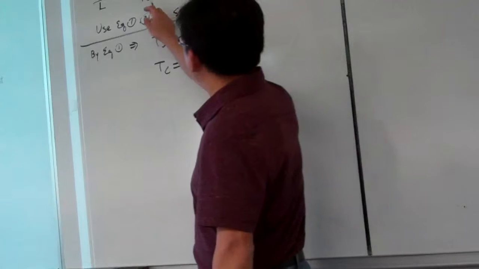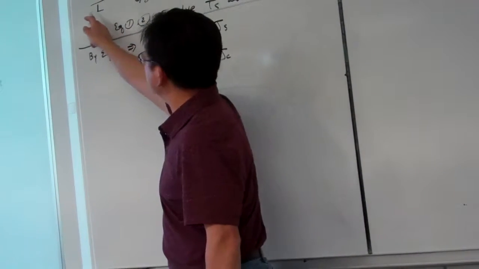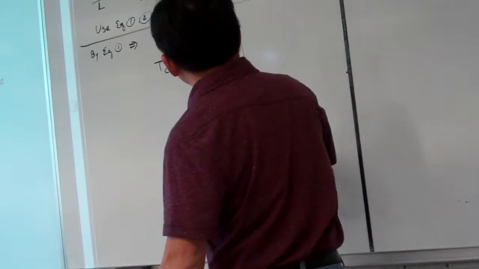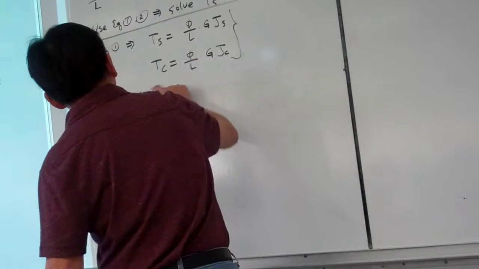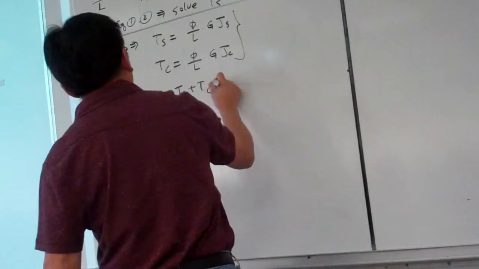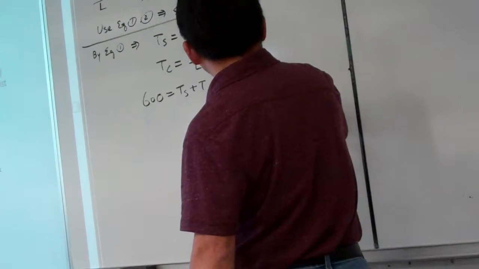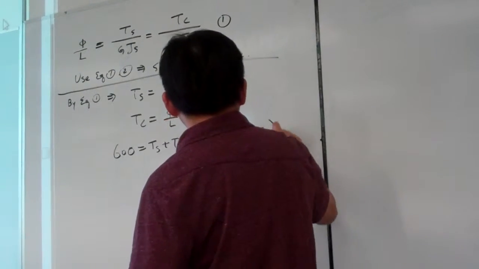Simply, I just remove the denominator of each term to multiply to this term. So from here we know that the 600 equals TS plus TC, so the 2 terms multiply as take summations times GJS plus GJC.